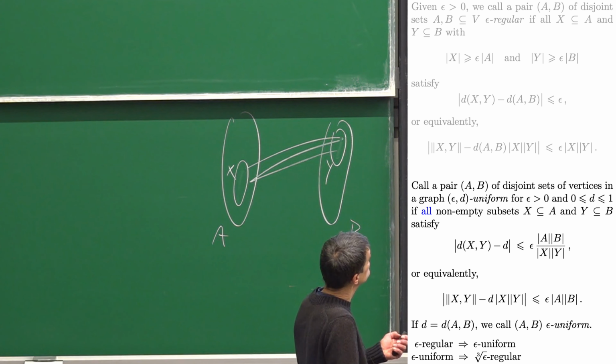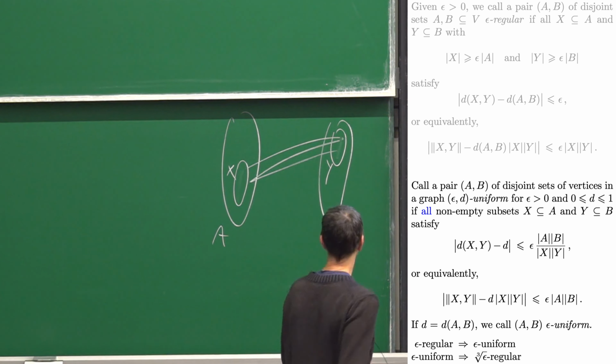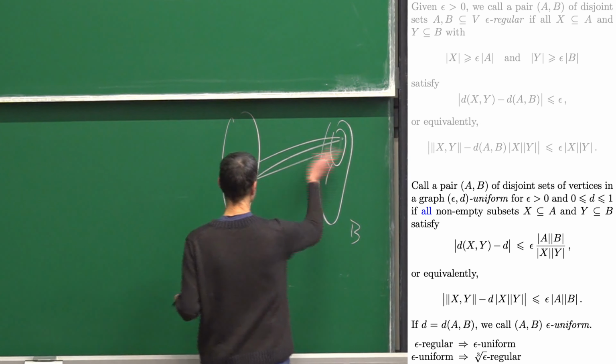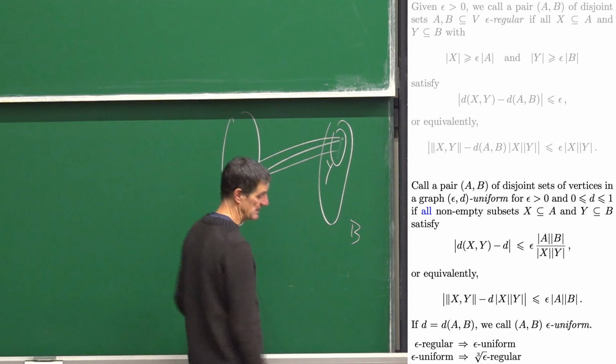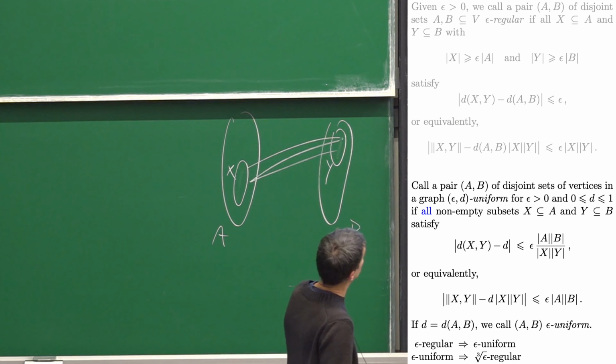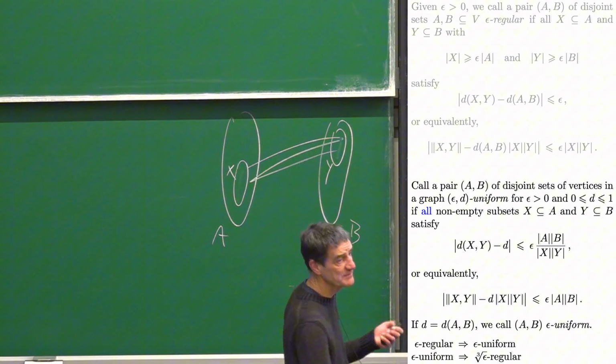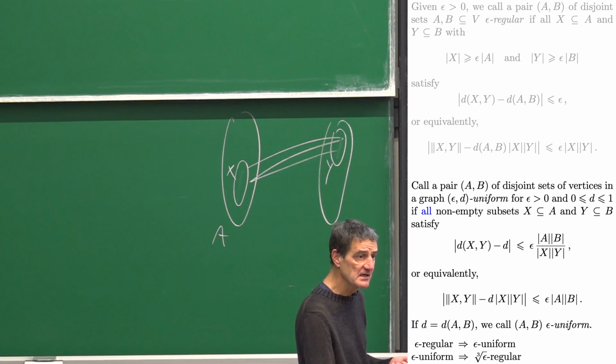So if you like, for small sets, the smaller X and Y are, the less we ask of this inequality. The less we ask about the comparison of the densities between X, Y, and AB. But we're not exempting X and Y altogether when they're too small. Okay, so this density parameter d can be written into the definition, and we sometimes fix it, but usually it'll be just d of AB.